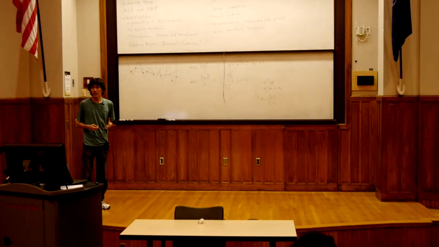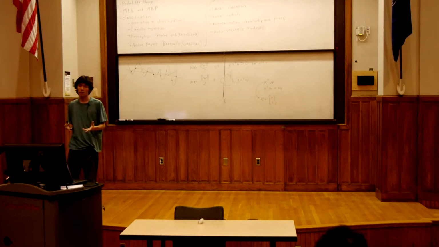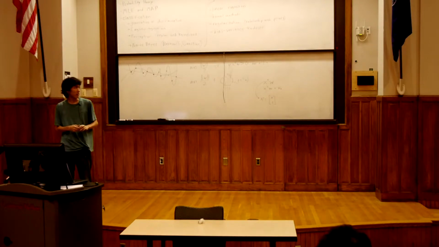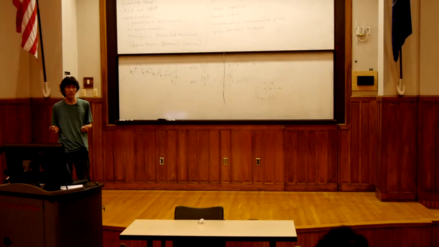So you can kind of see that as I increase the complexity of my model, in this case the degree of the polynomial, the bias goes down, but the variance increases.